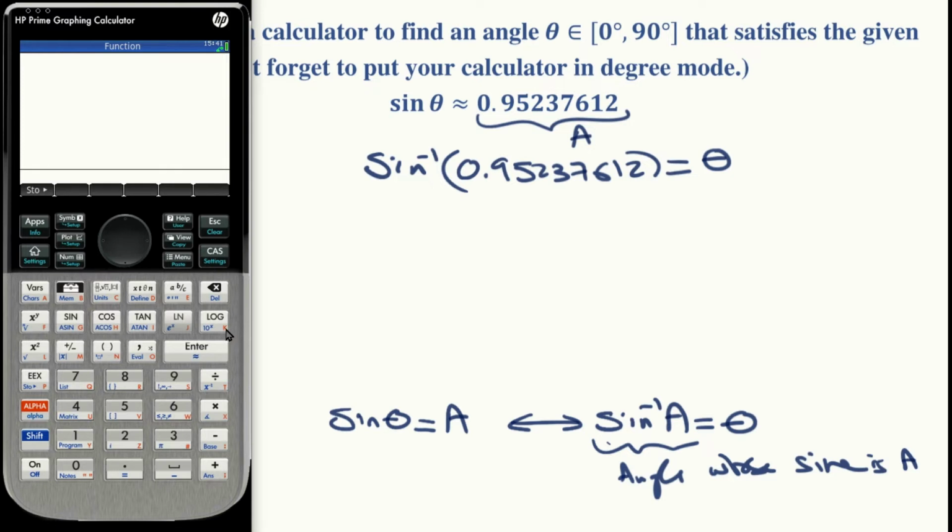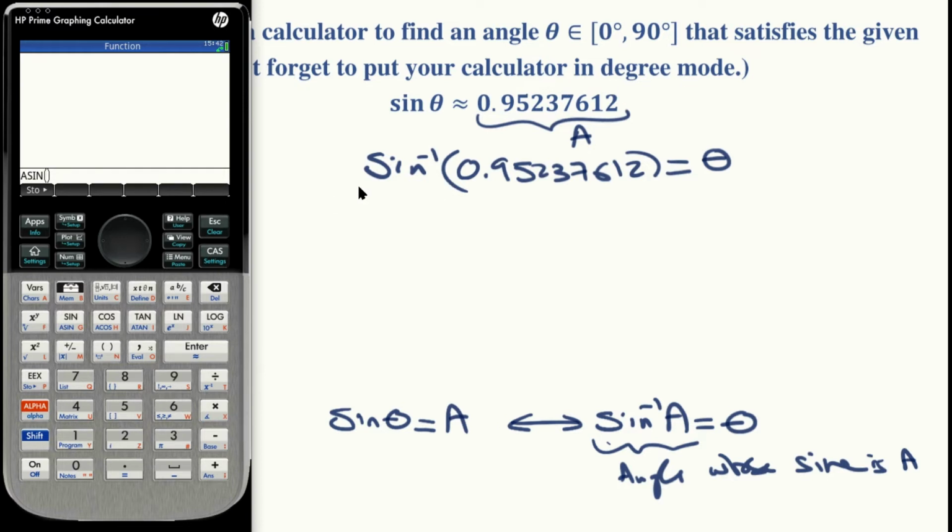Instead of writing sine -1, it's using the older inverse notation, which used to be called arc sine. So you see A cosine, A sine, A tangent. It doesn't matter, it's the same thing. When you see that A sine, that means inverse sine.